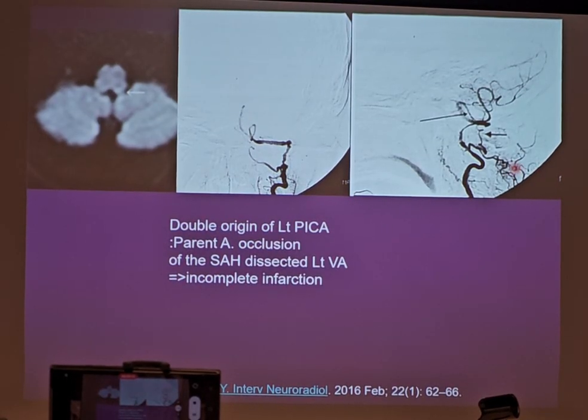So again, we have the clinical example of this nice clinical usage, where you have one extra C2 level extradural origin of PICA, while you also have the regular PICA.